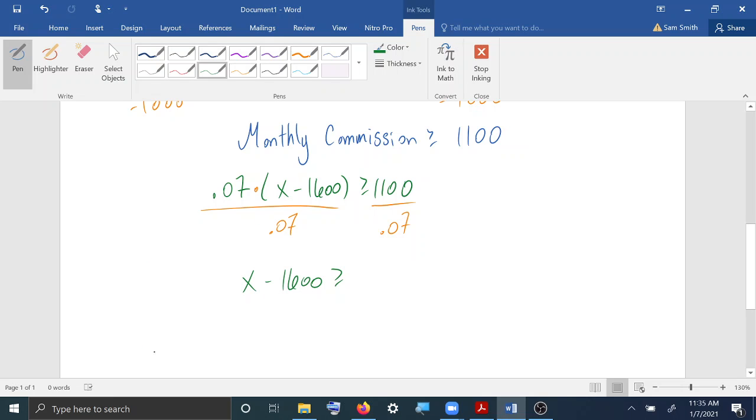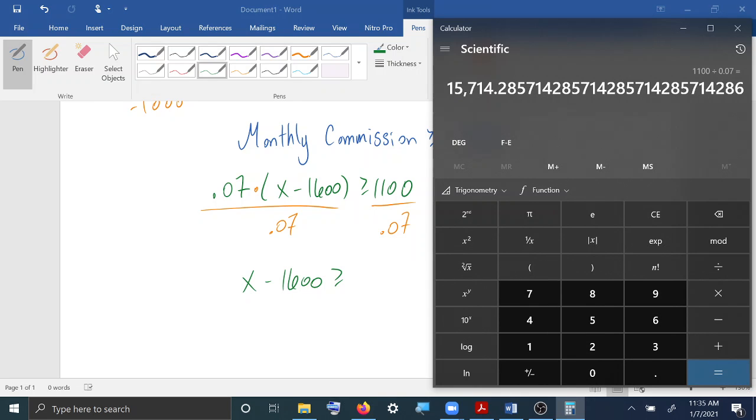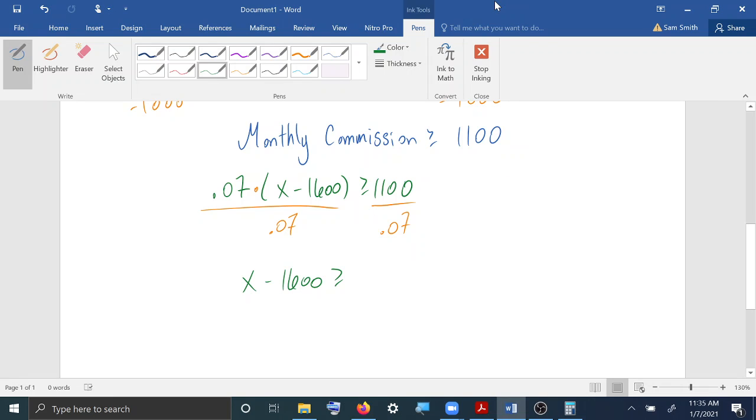Let me go to my calculator and see what 1,100 divided by 0.07 is. That is 15,714.29, to the nearest penny. Then finally, to solve for the amount of sales, which we called X, we add 1,600 to both sides.